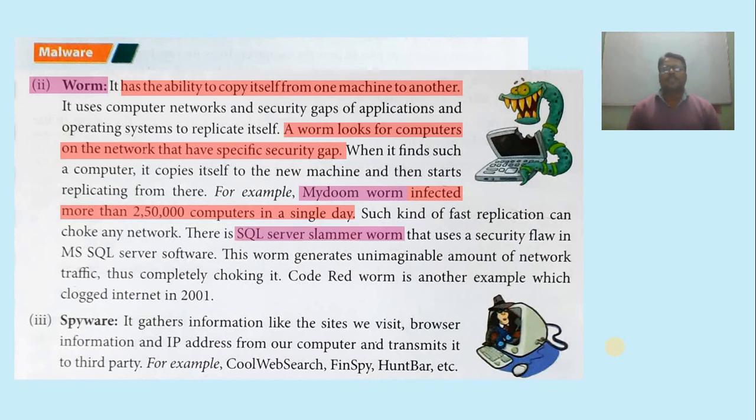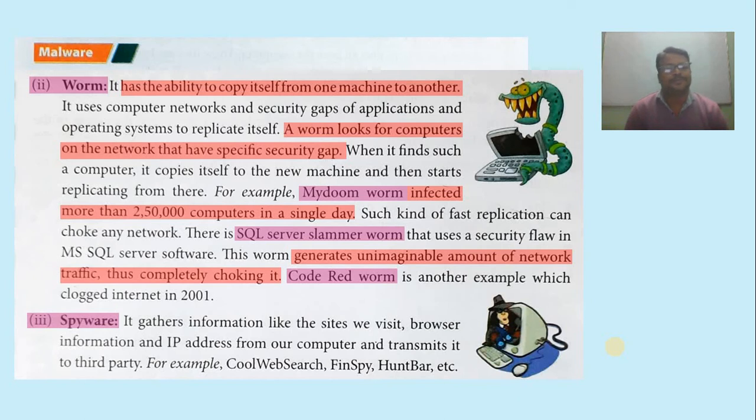The SQL Server Slammer worm exploited a security gap in Microsoft SQL Server software and generated an unimaginable amount of network traffic, completely choking it. Next is the Code Red worm, another example that clogged the internet in 2001.